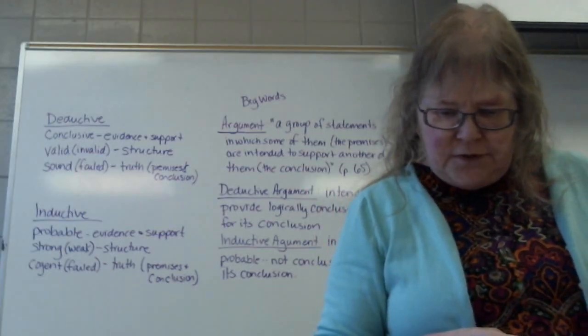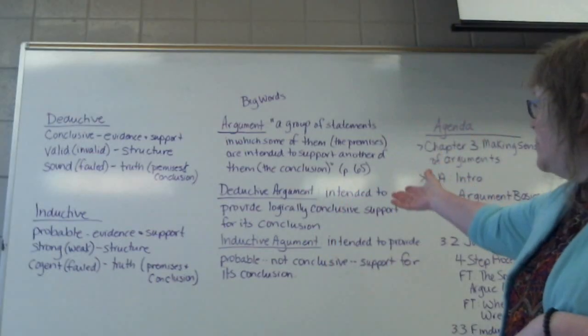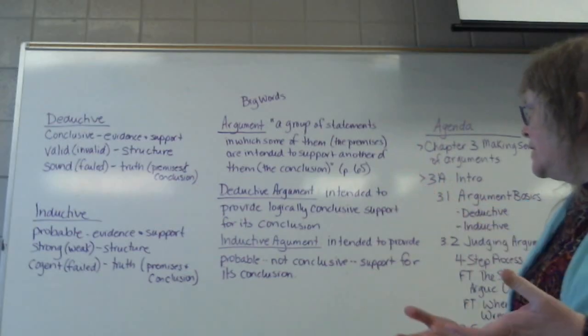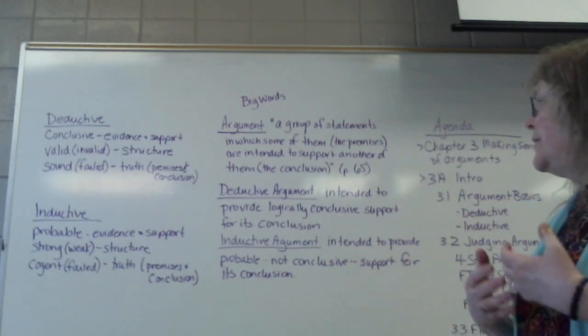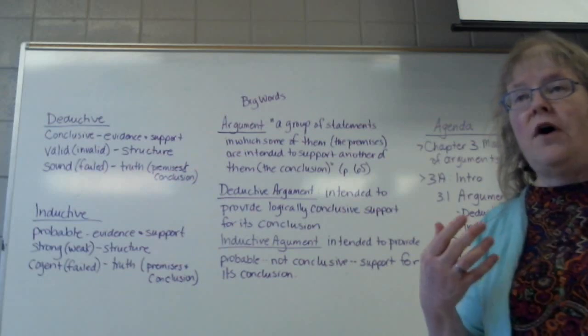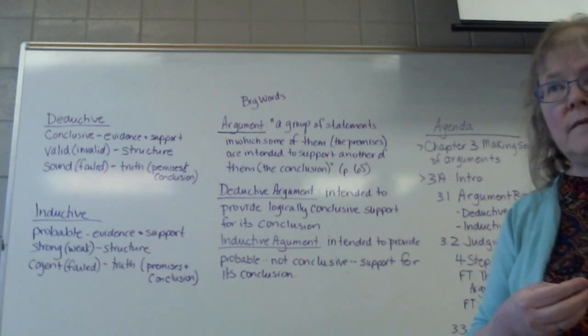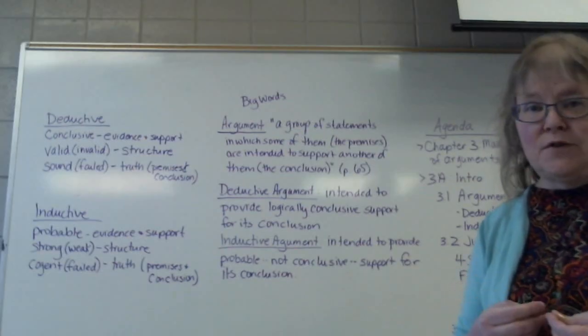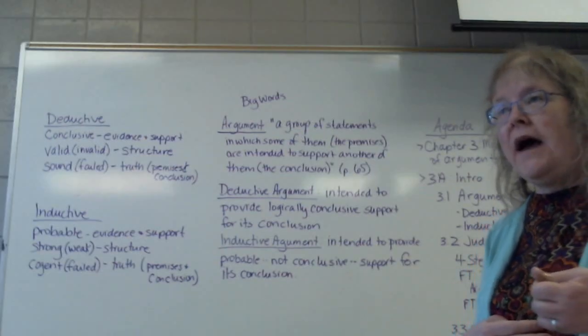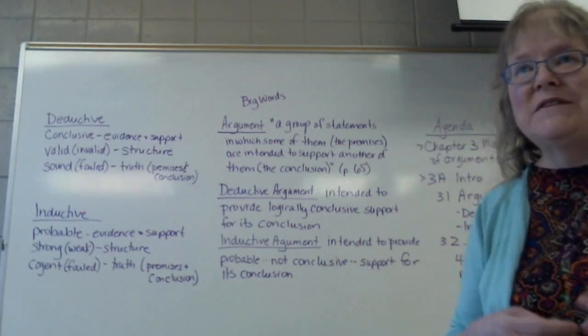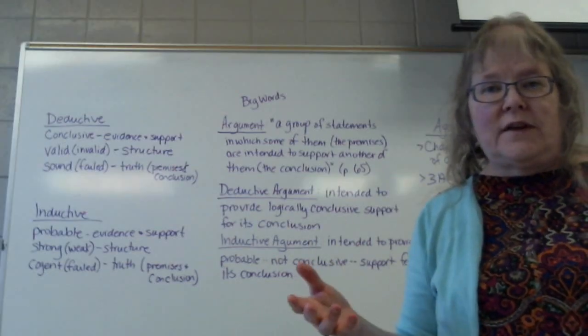So arguments come in two forms. We've already said that, but a deductive argument is logically conclusive support if it manages to do that. So if all your premises are true, then your conclusion has to be true, okay? If you have true premises and a false conclusion, you have an invalid argument, okay?